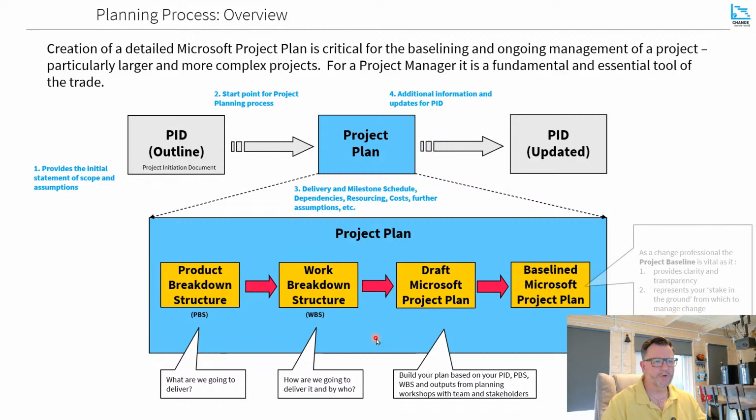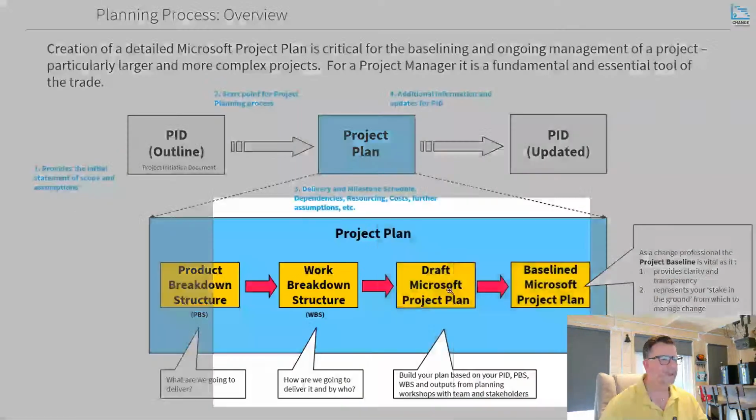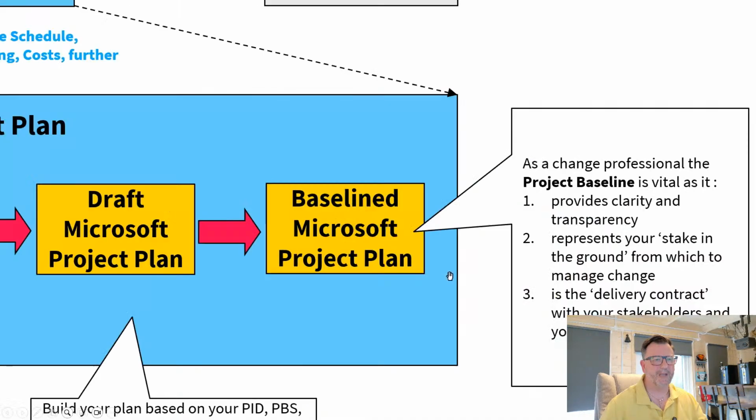Now, once you've agreed all the elements, you are then ready to baseline your project plan. The thing is, baselining your project plan is vital. It's not just a switch you flick in MS Project, because it provides clarity and transparency. It represents a stake in the ground.